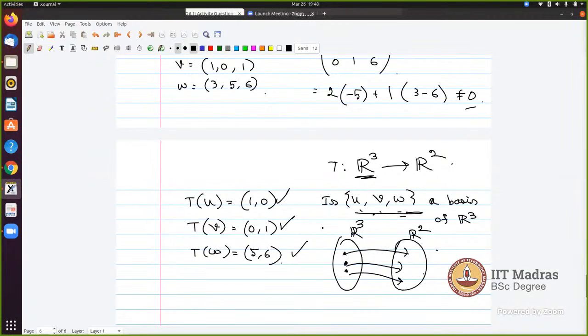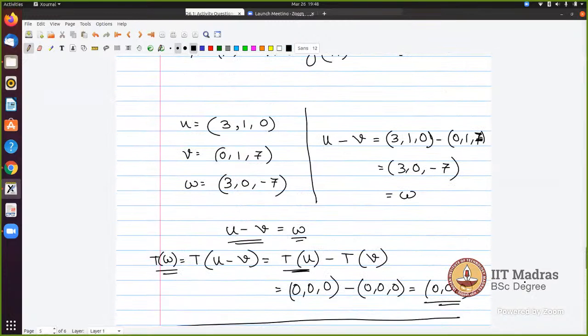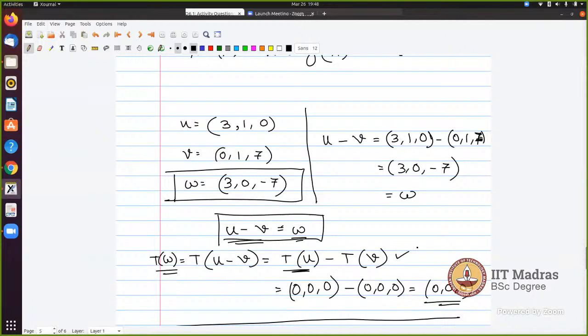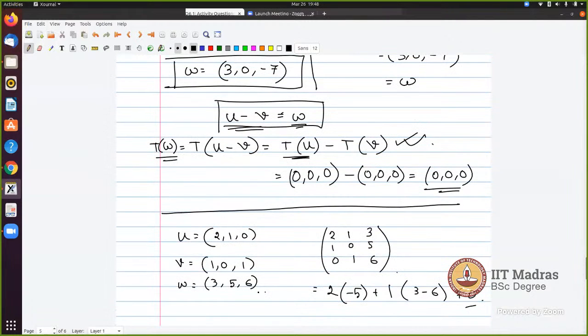That's why I started by checking whether they are linearly independent or not. In the earlier case, W was linearly dependent on U and V, so I had a relation like that and we had to check it. But in this case there is no such relation, so whatever images we need, we can assign.